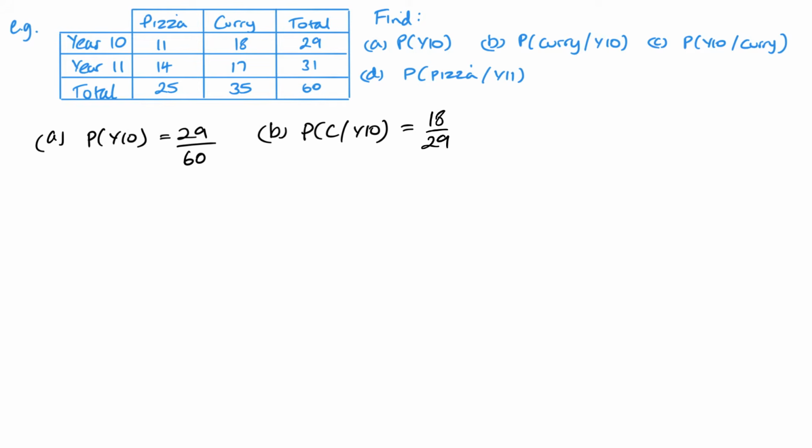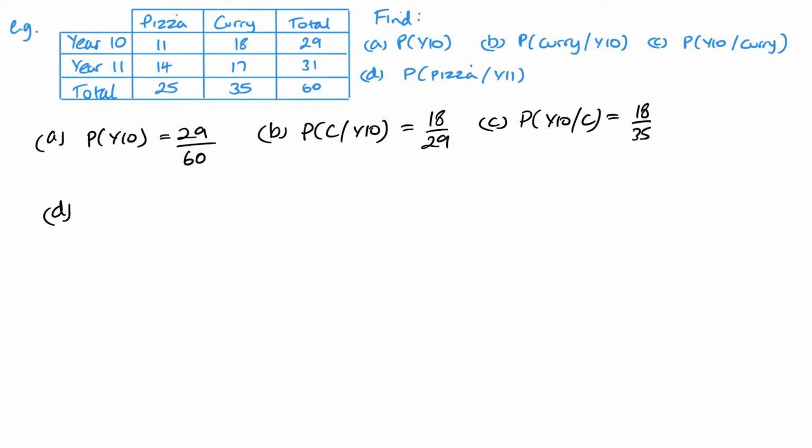So 18 over 29. Part C is the probability of a year 10 student given that the person liked curry. This time we're locked into the curry section. Total of 35, and there are 18 year 10 students. So that would be 18 over 35.